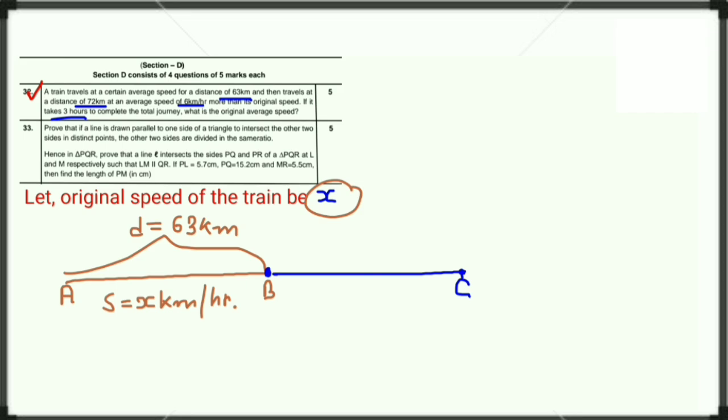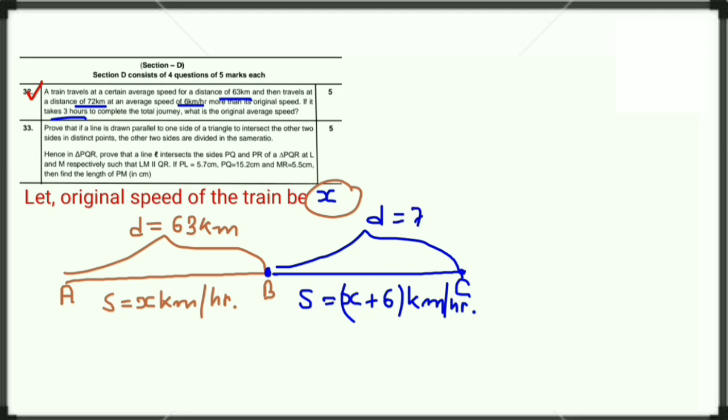So here its speed will be x plus 6 km per hour, and it covers a total distance of 72 km.